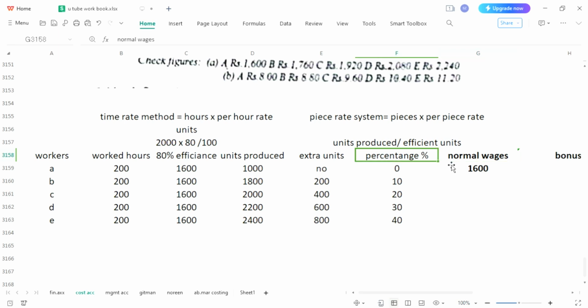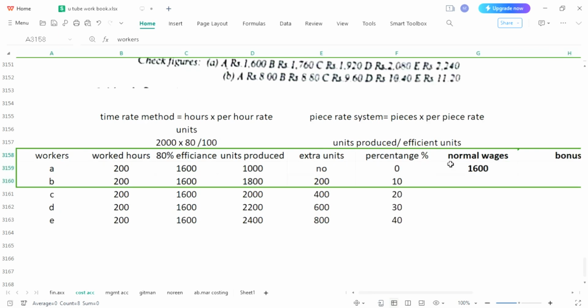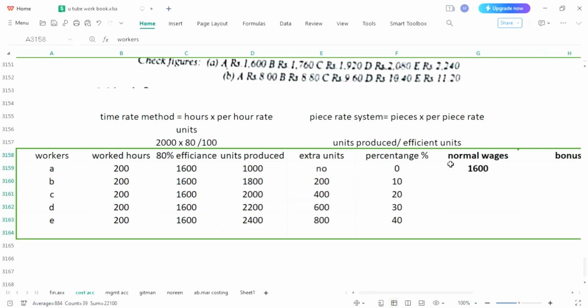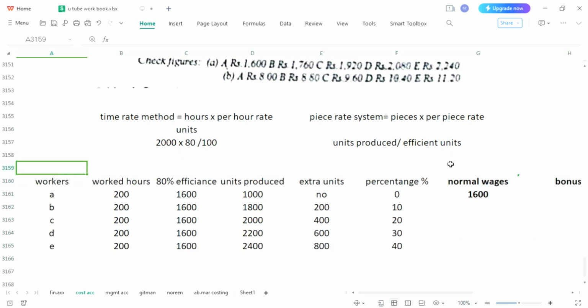Alright, so I would like to write these amounts as well. So let me put it a little more downside here. How have you calculated your normal wages? Hours multiplied by per hour.